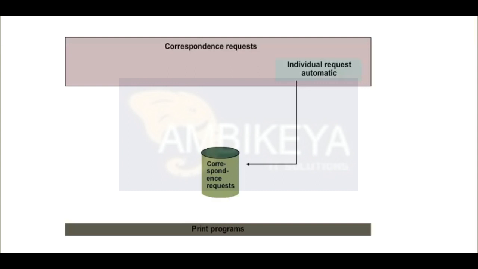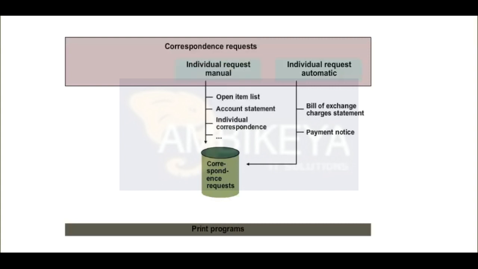Correspondence relating to daily business first has to be requested before it can be printed. A correspondence request can be carried out automatically when special transactions such as bill of exchange charges, or payment differences such as payment notice, are posted manually by the accounting clerk.